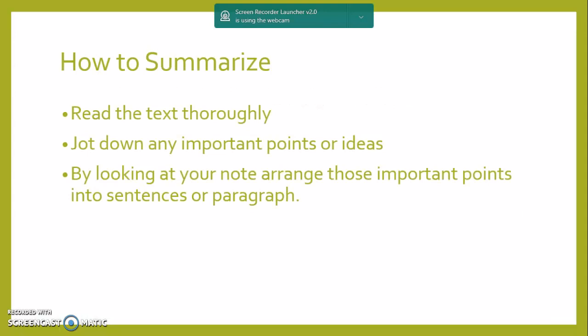So you need to read the text to roughly understand what it means, and then you can jot down any important points or ideas, put them in your notebook. And by looking at your notes, you need to arrange those important points into sentences or paragraphs. Okay, then that's how you achieve a shorter version of the original source.